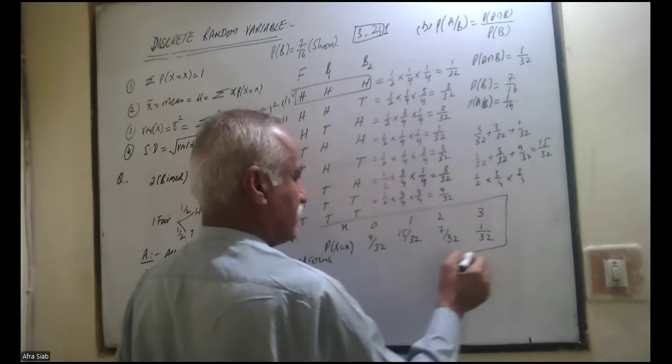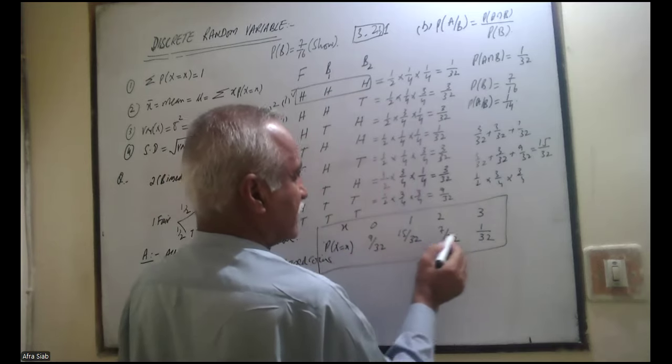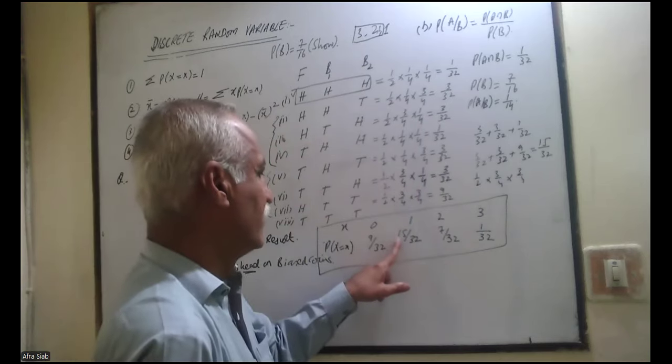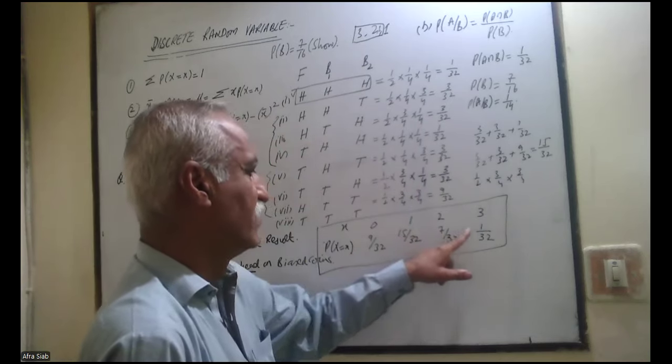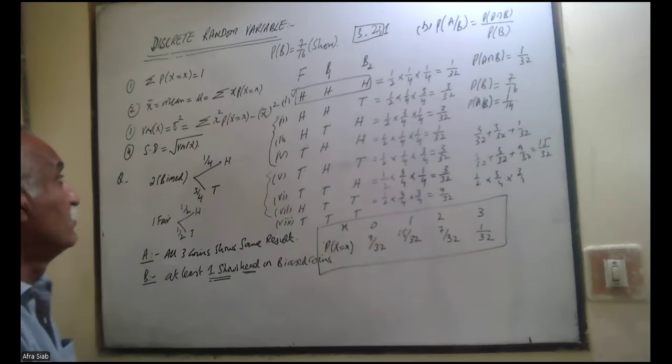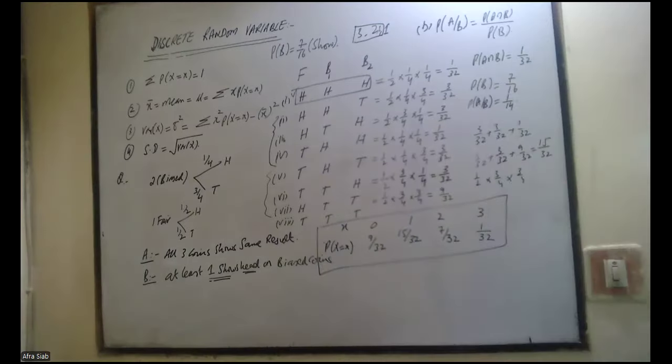And the sum of all these should always be equal to 1. 9 plus 15, 24, plus 7, 31, plus 1, 32 over 32, that is equal to 1. So this is the complete solution of this problem where the two biased coins and one fair coin are thrown together. Not dice, it's a coin.